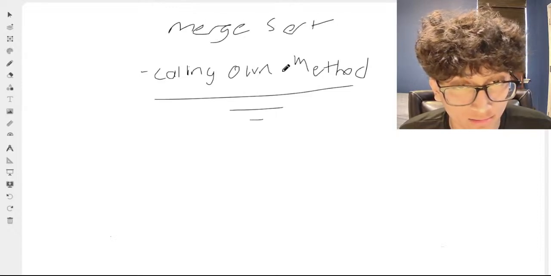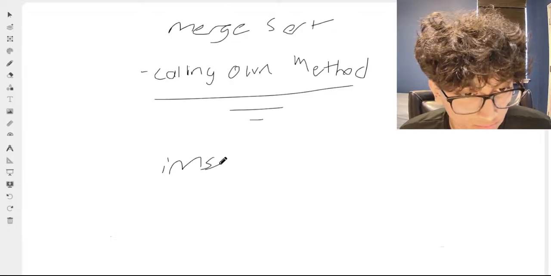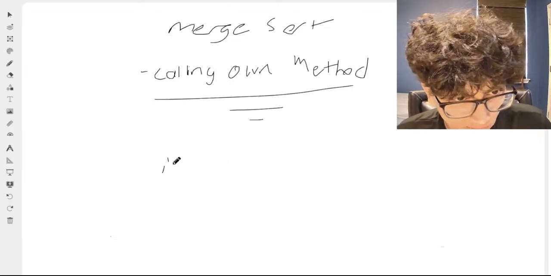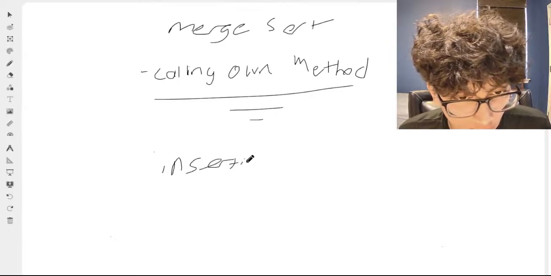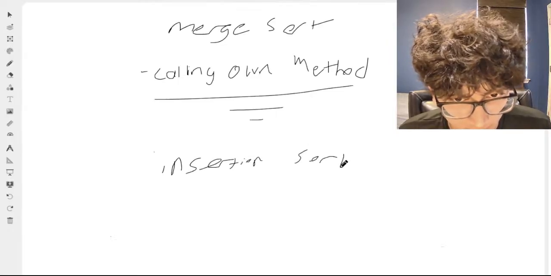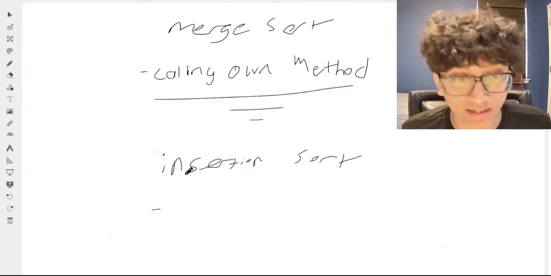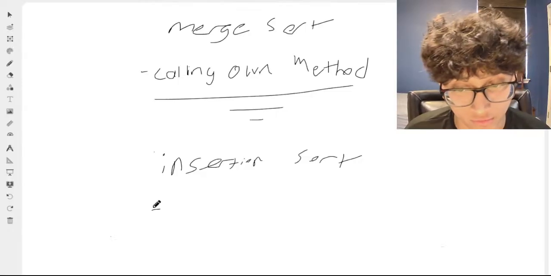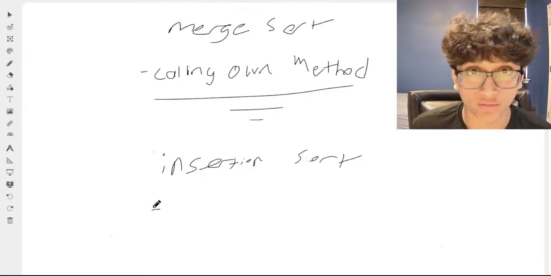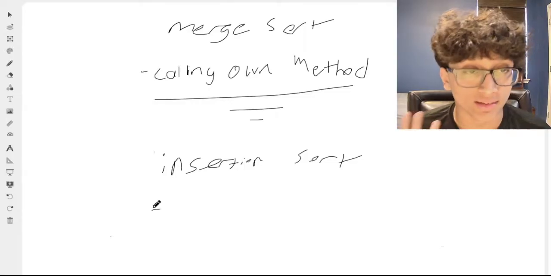Whereas if it was insertion sort, then you would want to actually look for the comparisons. And typically these comparisons would happen in like an inner loop of sorts, because when you're doing insertion sort, you're going through the entire array, and then for each individual element in the array, you're comparing it to its adjacent element.